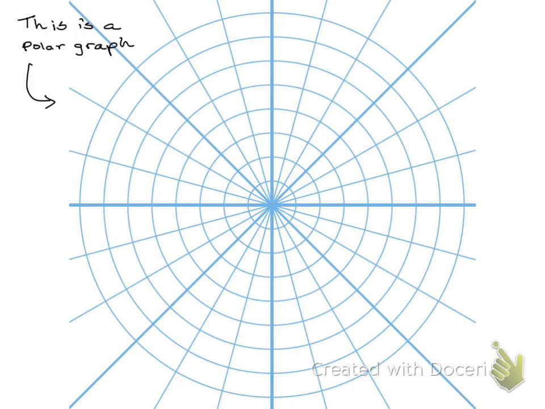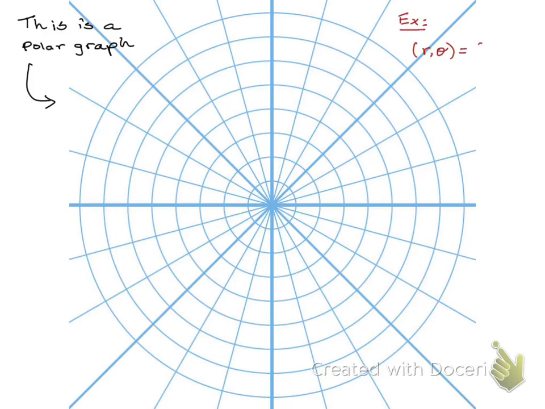So different r values will move outward, away from the origin. And then each of those lines intersecting at the origin will help us determine what angle we're at, what is our theta.